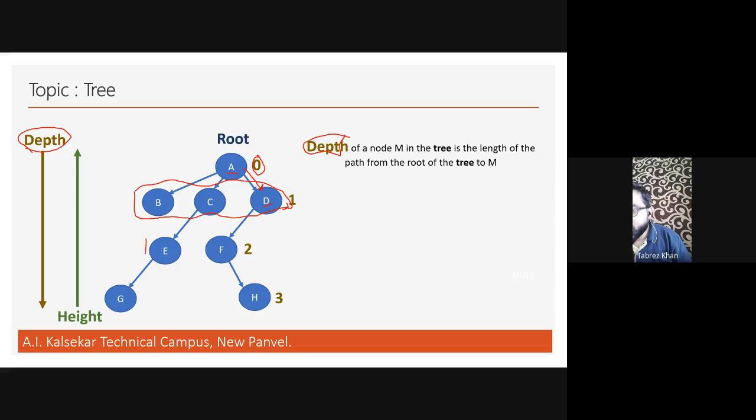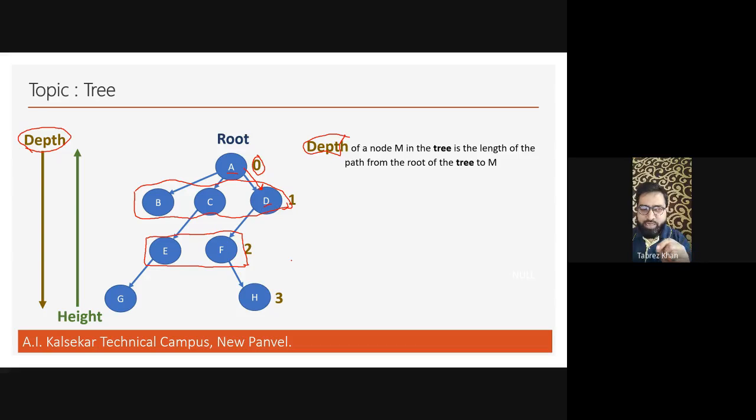Likewise, the depth of E and F are also the same because they are also on the same level. The level is different as compared to B, C, and D, but E and F are at the same level. That's why their depths are also the same.